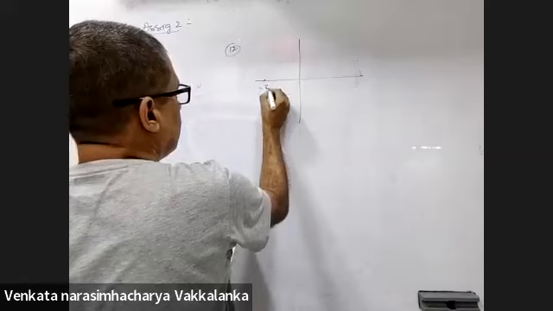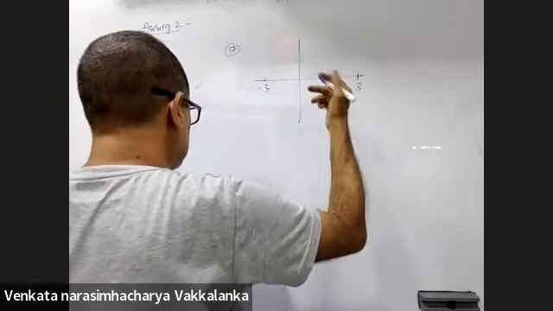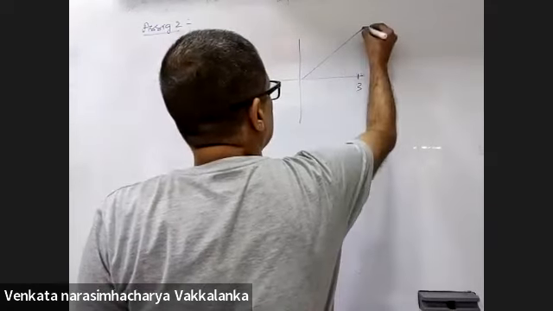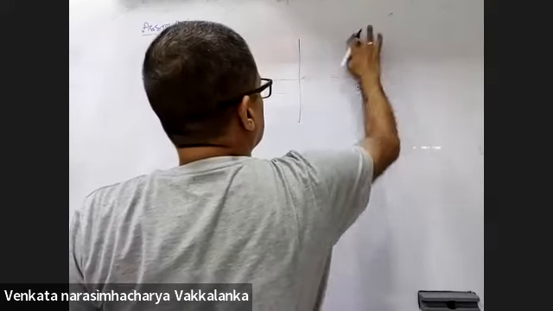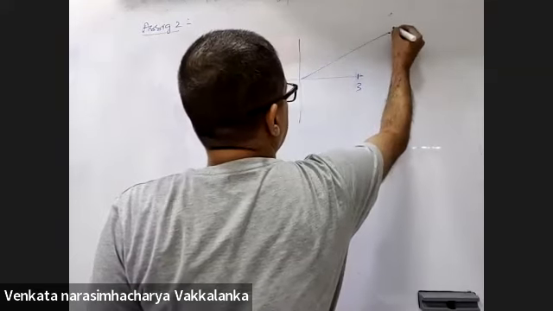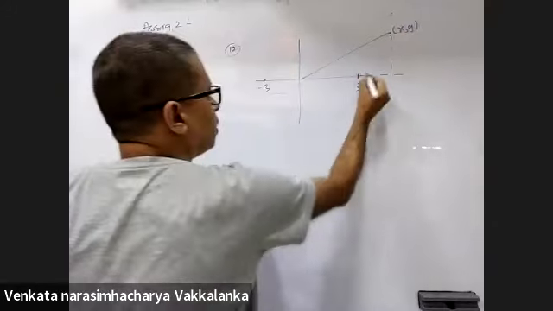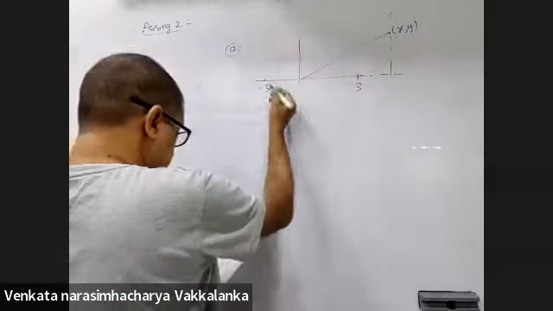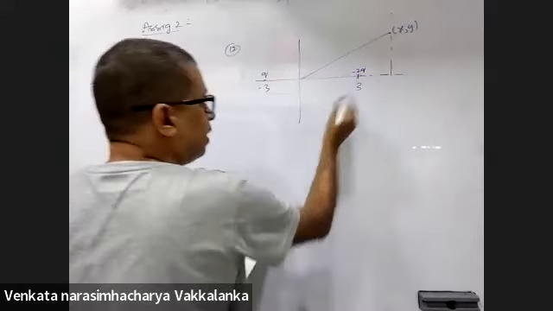No, it's matching. -3, this is 3, right? You want the locus of all the points where the potential is 0. Assume a particular point x, y. Agreed? Now, this is plus q, this is -2q, right?